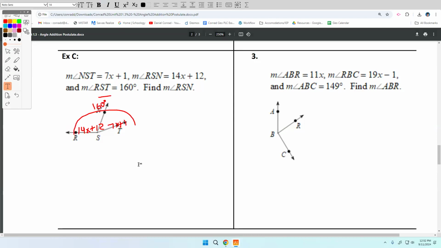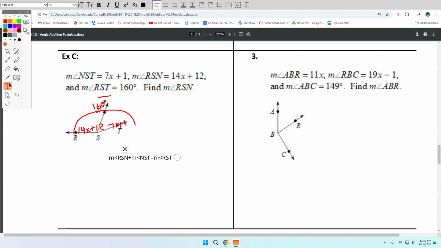All right, we can write out our equation. So we're going to have the measure of angle RSN plus the measure of angle NST equals the measure of the whole thing, which is RST.